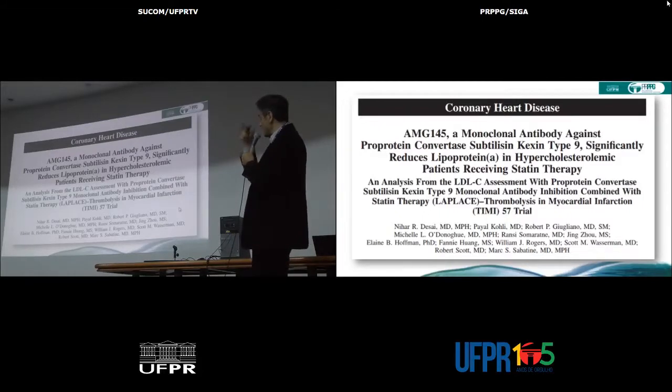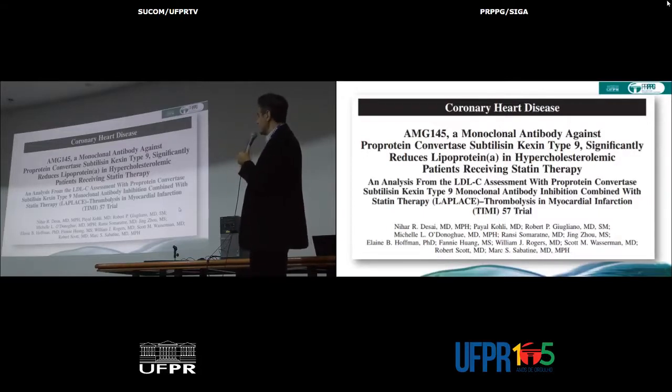AMG 145, a monoclonal antibody against protein convertase subtilisin kexin type 9 significantly reduces lipoprotein A in hypercholesterolemic patients receiving statin therapy, colon.